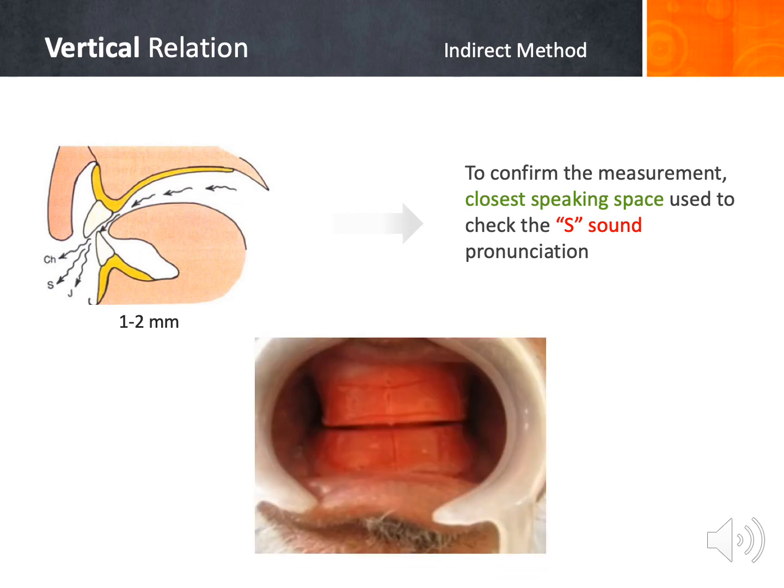We check this by putting the rims in the patient's mouth and asking the patient to pronounce some words containing the S sound, like the number 66. If it is correct, that means the occlusal vertical dimension we got is correct.